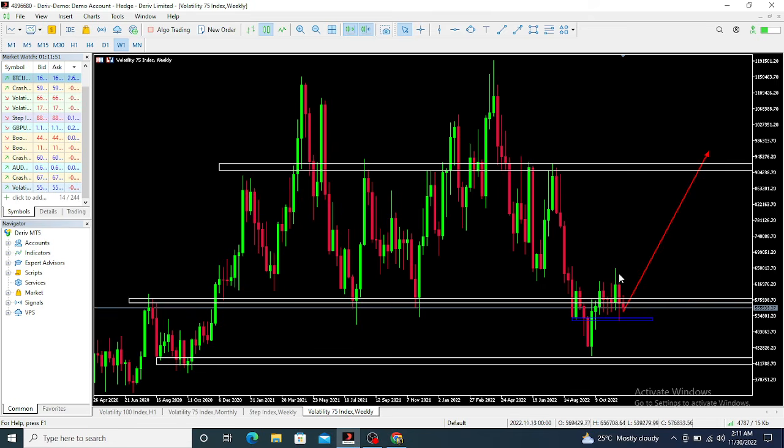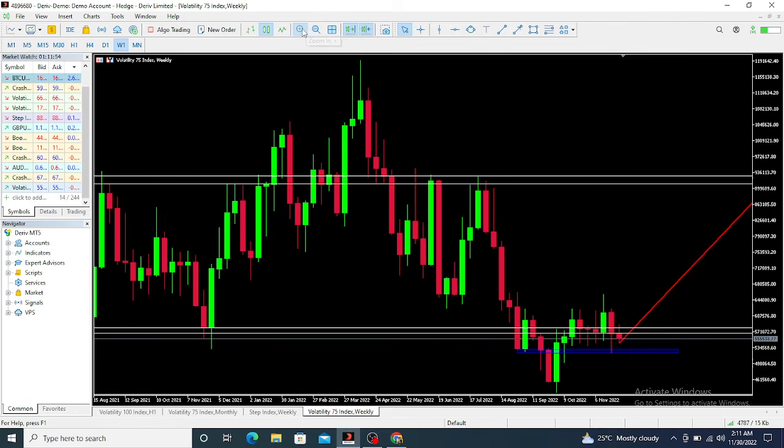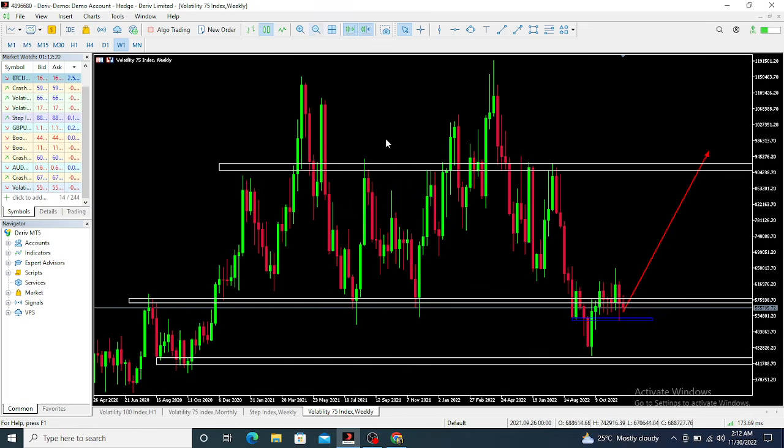Like you can see here in Volatility 75, the market was more like ranging, so buyers and sellers in this area are making money. So if you're patient enough to wait for the market to come to your key levels before making entries, you'll be making good profit from the market and not blowing your account unnecessarily.